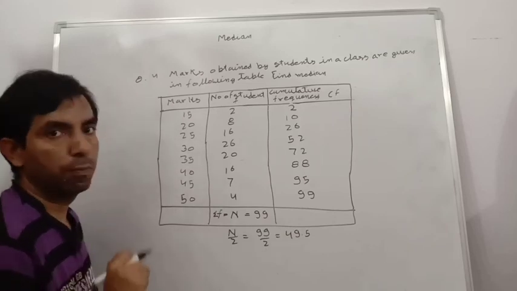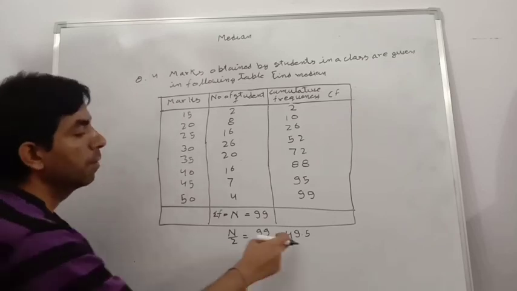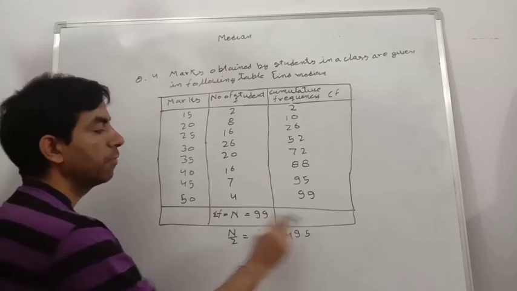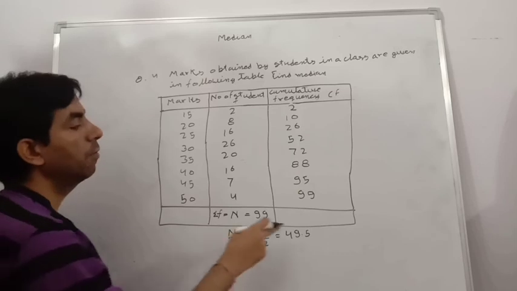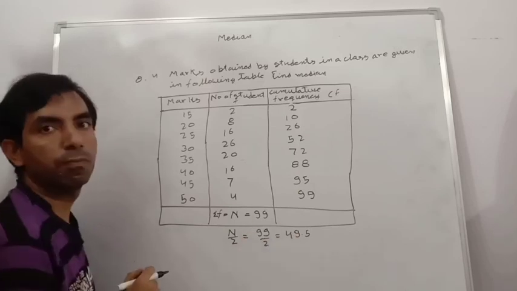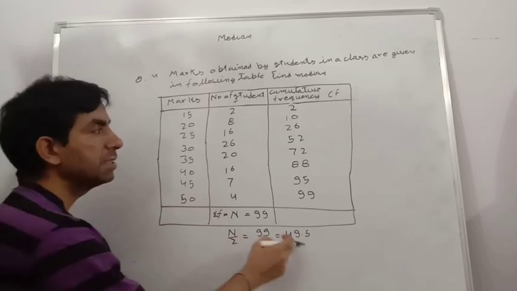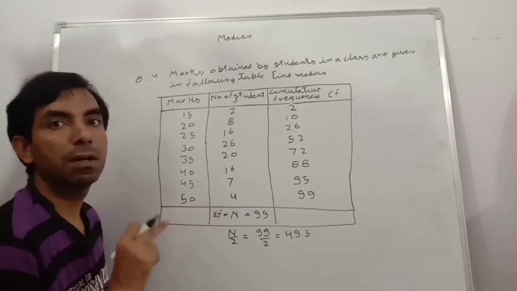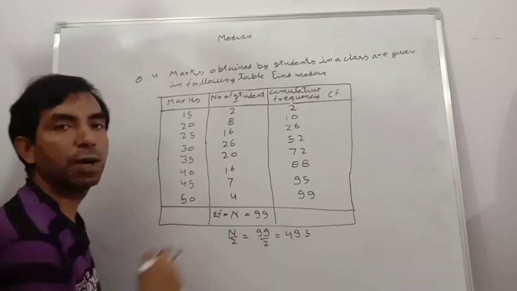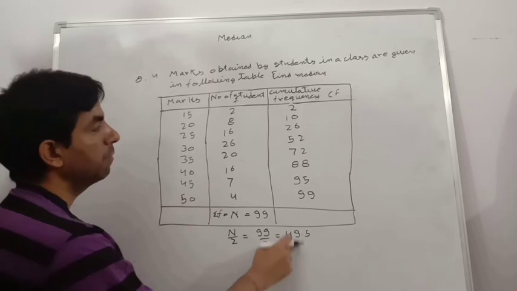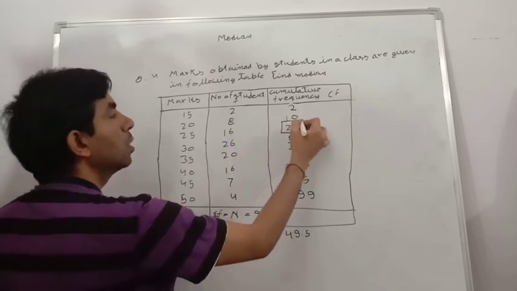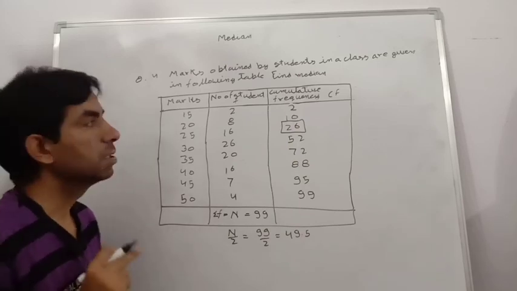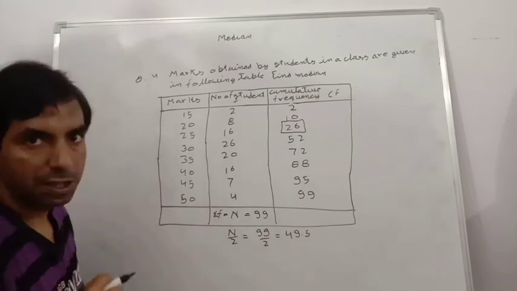Okay. Now our answer is 49.5, and we take the less than value of it. What is the less than value of 49.5 in the cumulative frequency? It is 26. So here the cumulative frequency is 26.